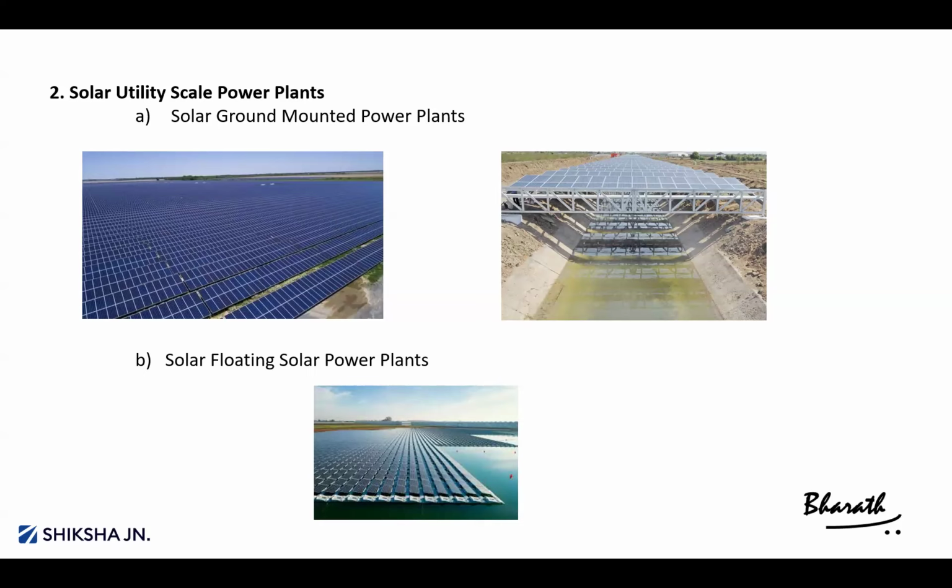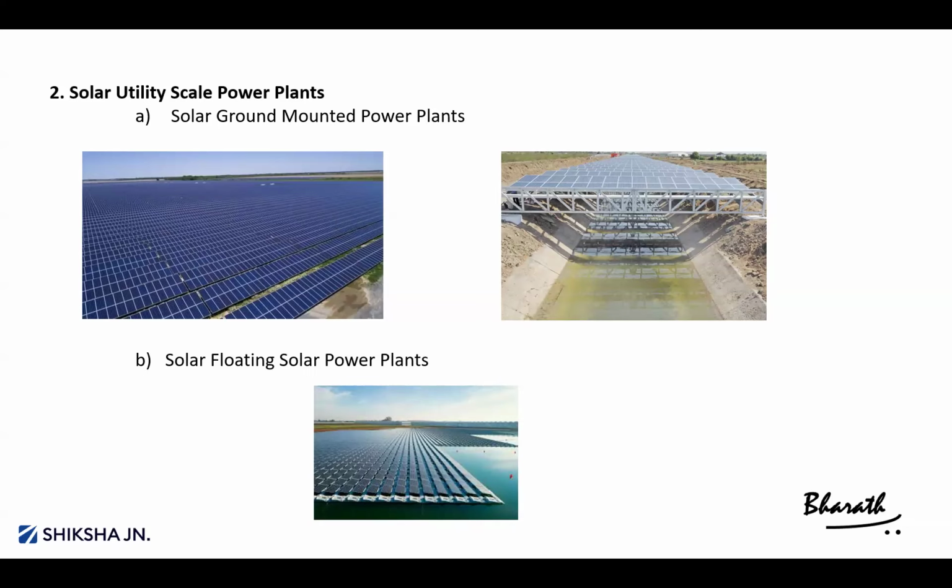In 2010, when my career started, at that time, solar module price was 40,000 per kilowatt. Now the price is 16,000 per kilowatt. We can see how much it has reduced. Only module price, I am saying.